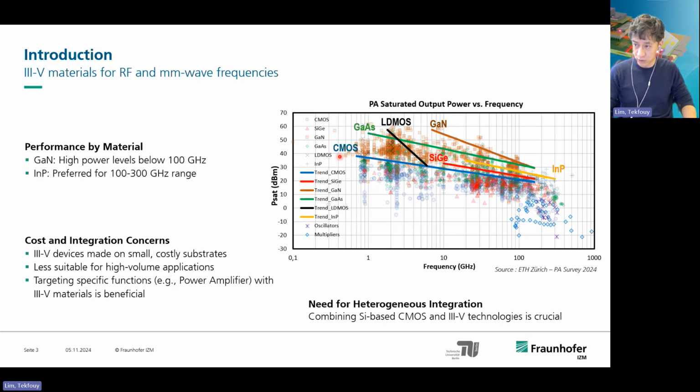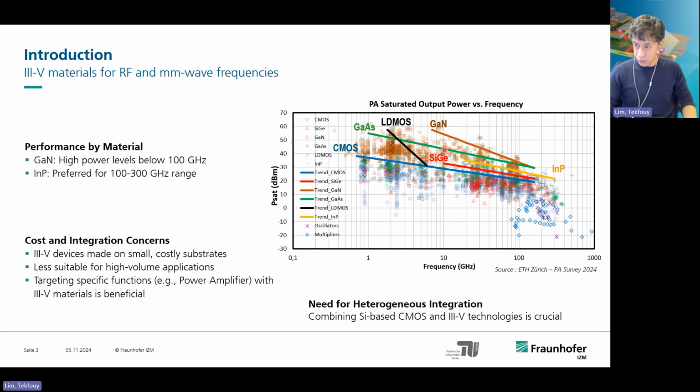But if we use different III-V technologies, for example GaN, then we have higher power levels, and it's really the preferred technology if the operating frequency is below 100 gigahertz. But indium phosphide is preferably used when the operating frequency is above 100 gigahertz, up to 300 gigahertz.